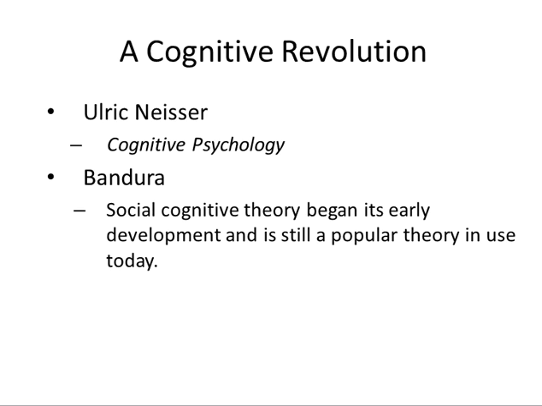Ulric Neisser, cognitive psychology, and Bandura, his social cognitive theory, began its early development and is still a popular theory in use today. So what we see with all this work and thought about the cognitive aspects of our lives, we're part of this cognitive revolution.